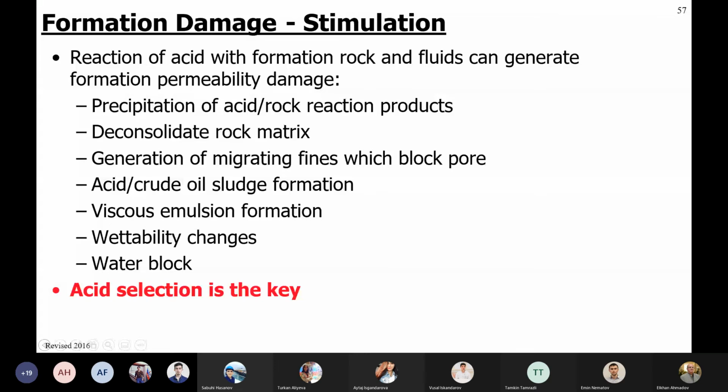It will create blockage of the pore spaces, pore throats, and generate the migrating fines, blocking the pores.